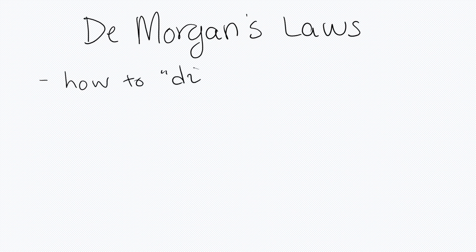So just to conclude, we talked about De Morgan's laws. And there's basically just these two rules that tell you how to distribute the not over and and or.